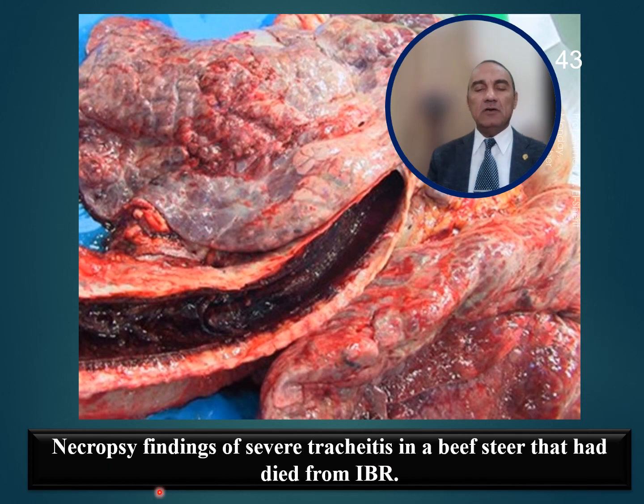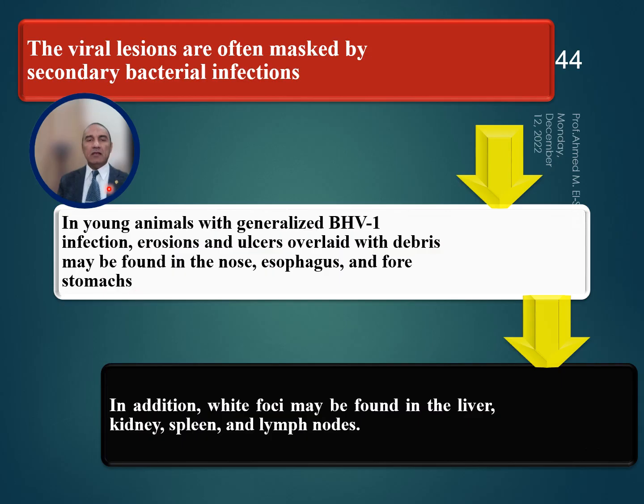Severe infection with the IBR respiratory form showing severe tracheitis and blood discharge in the trachea with disseminated pneumonia in the apical, middle, and diaphragmatic lobes of the lung, as appears in this picture. The viral lesions are often masked by secondary bacterial infections.